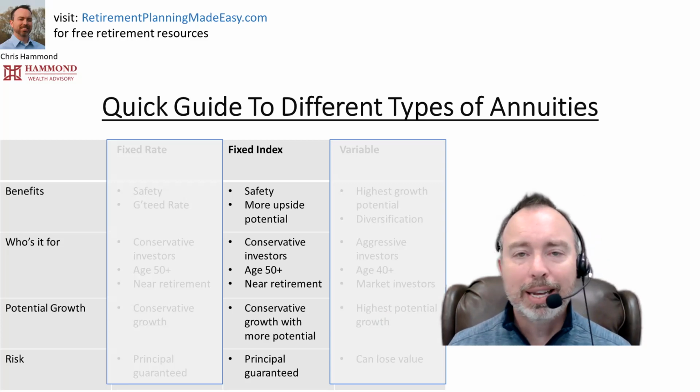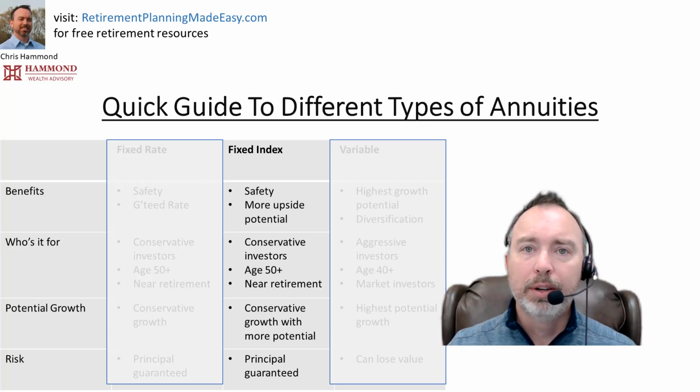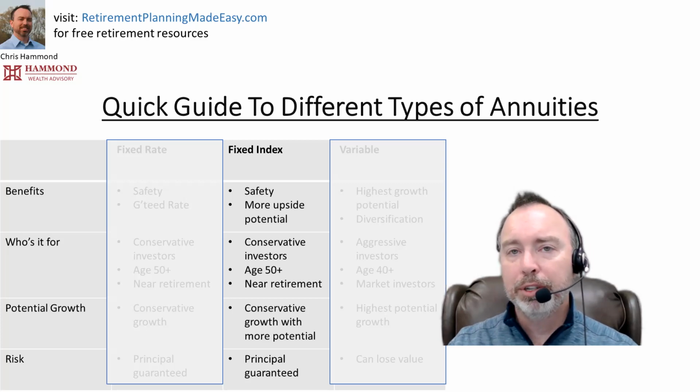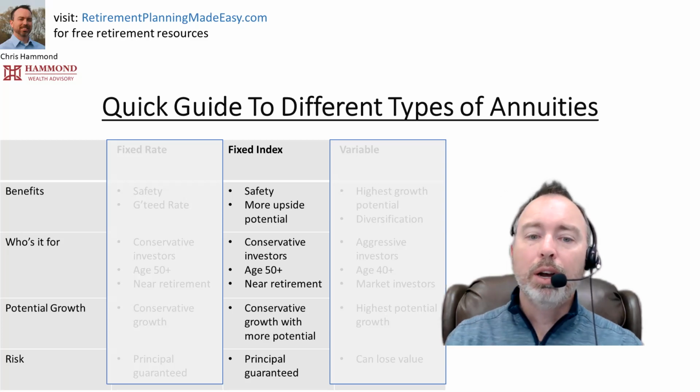Potential for growth: again, these are conservative accounts. These are not accounts where you're going to get it and then look back over the last 10 years and say, hey, I grew this account by 12% on average every year. That's not really going to happen. That's not what these accounts are made for.